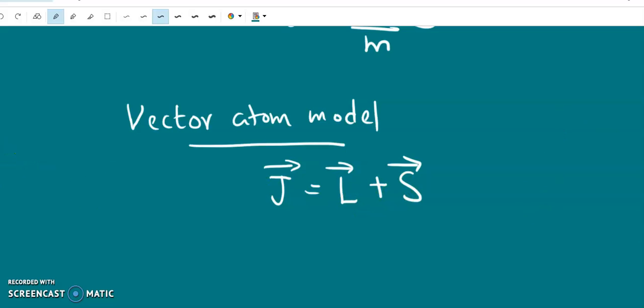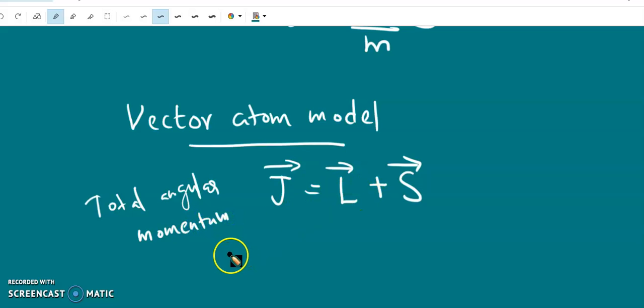Here the L vector is the angular momentum due to orbital motion and S is the spin angular momentum. So the total angular momentum vector J is equal to the vector sum of the orbital angular momentum and the spin angular momentum.